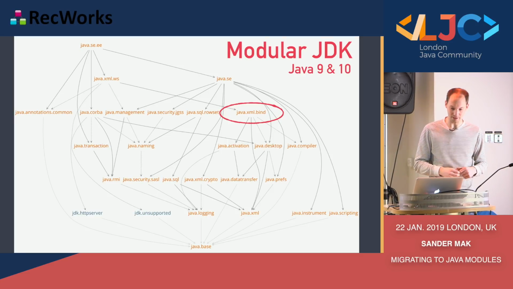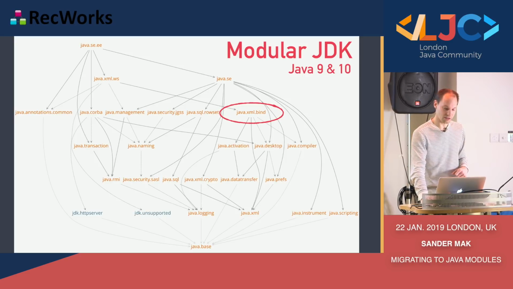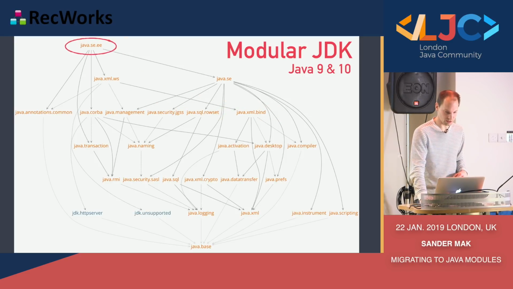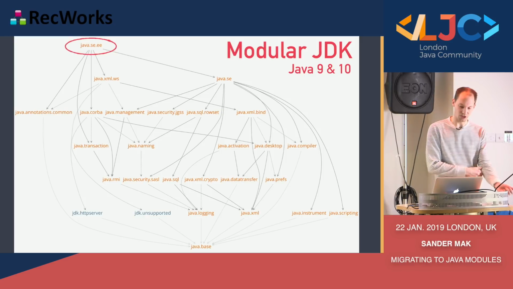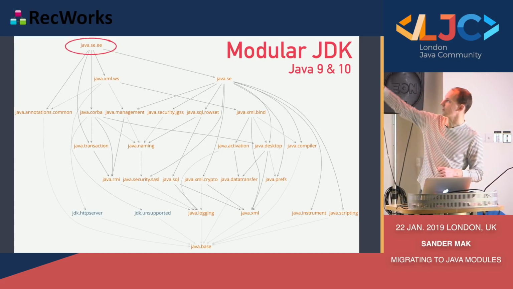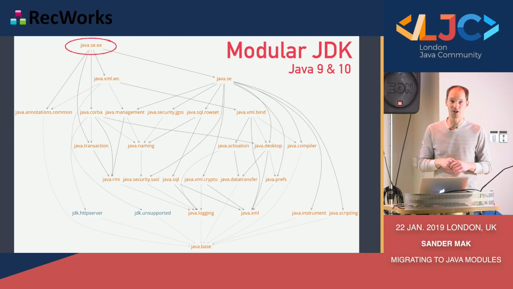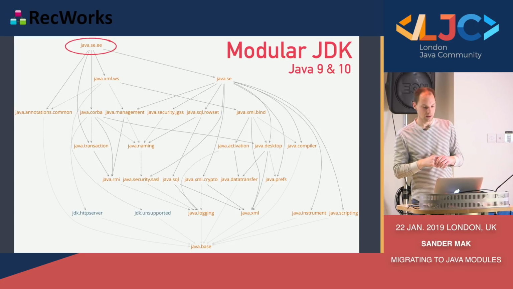It was also there before that, but it wasn't in a module then. If we look at this graph closely, we can see that this java.xml.bind module is only reachable when you start at the java.se.ee aggregator module. EE stands for Enterprise Edition.